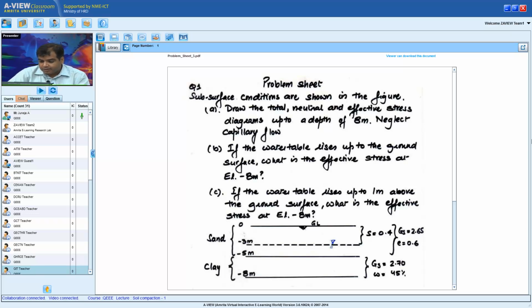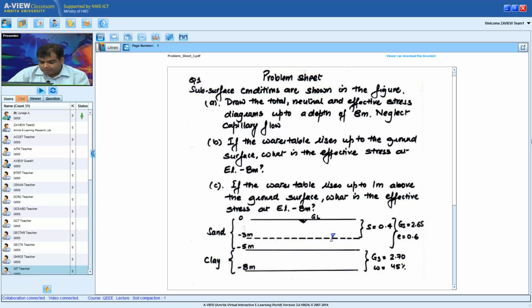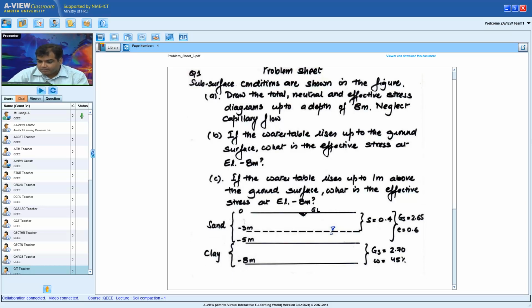Let me quickly go through this question. This question says there's a ground profile. Please look at this cartoon, this profile. That's the ground surface, and at 3 meter depth you have the groundwater table level. The degree of saturation in this zone is S equals 0.4 or 40%.